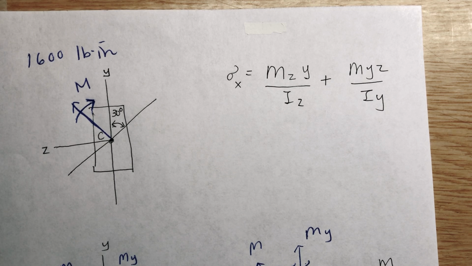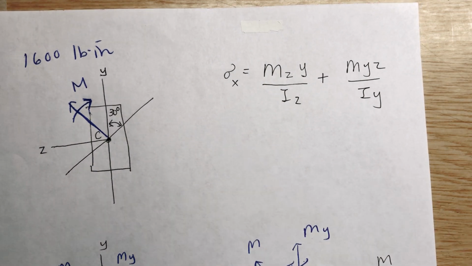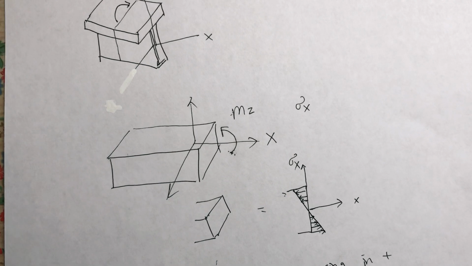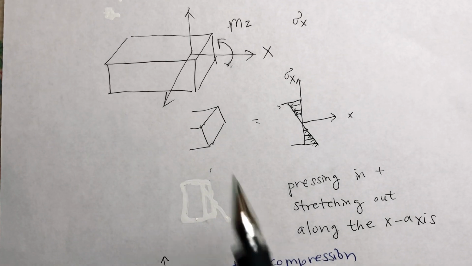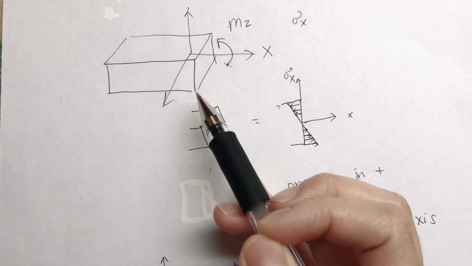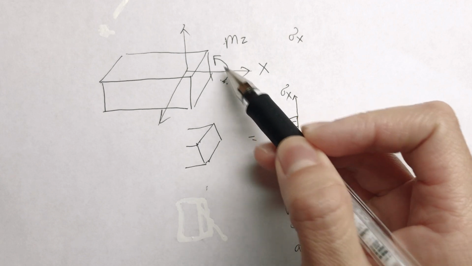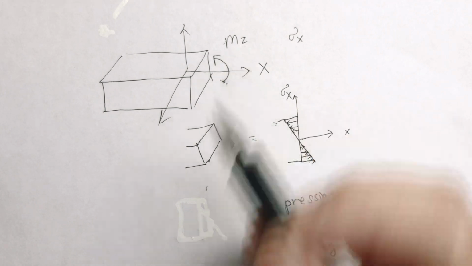Okay, before we go to the next slide, some of you might be wondering, why is it stress x? Let's look at a member that's going along the x-axis. The longitudinal axis is along the x-axis. You have a moment about the z-axis.